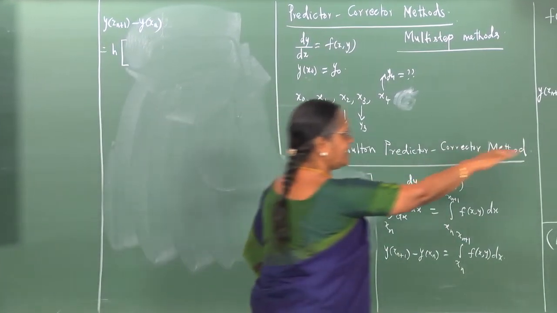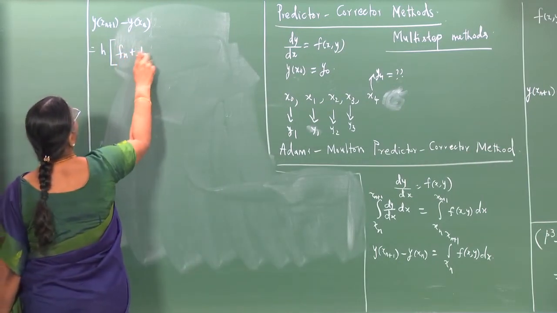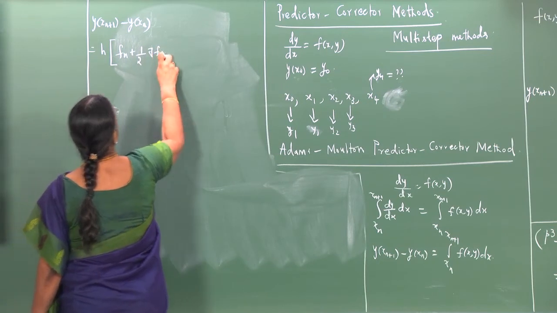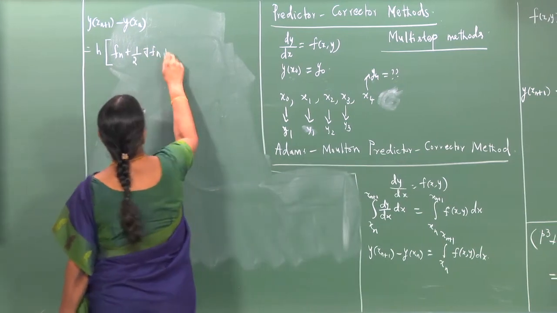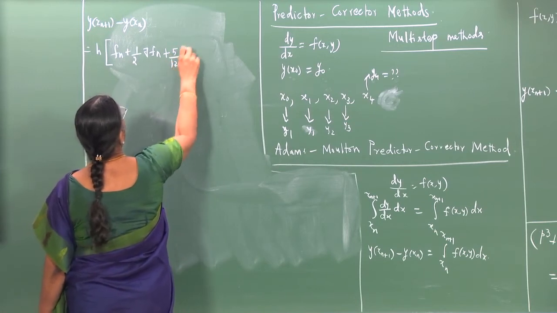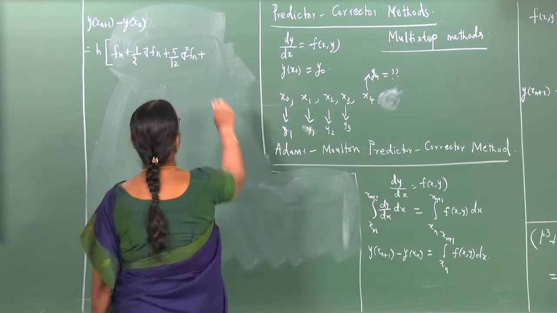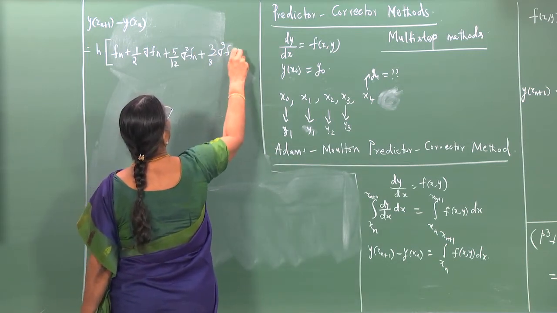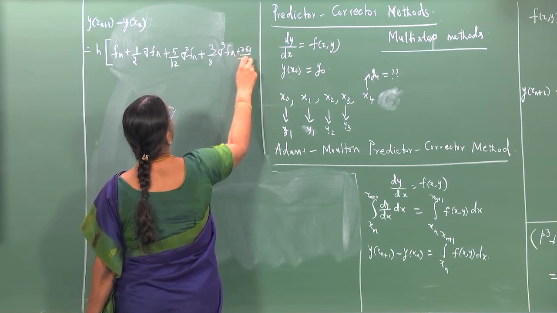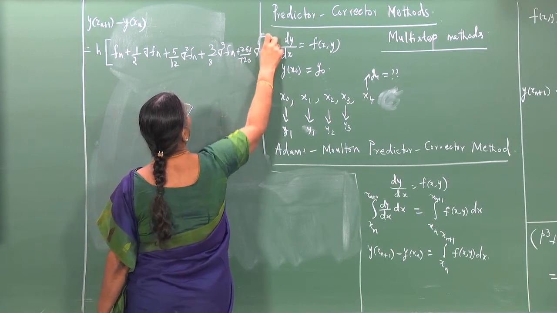Let me rewrite that expression once again, then it will be easier for me to make the computations. So, Fn plus half delta Fn plus 5 by 12 into del square Fn plus 3 by 8 into del cubed Fn plus 251 by 720 into delta power 4 Fn.